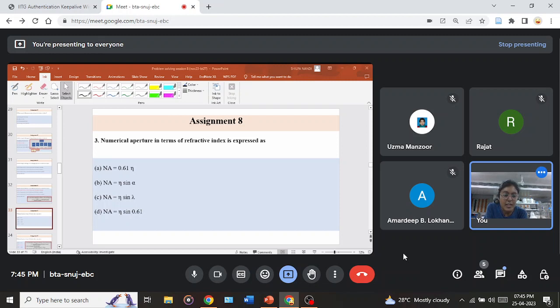So if you go back to the last question and recall, it was x is equal to 0.61 lambda by numerical aperture. So how come numerical aperture will here be directly proportional to your wavelength?